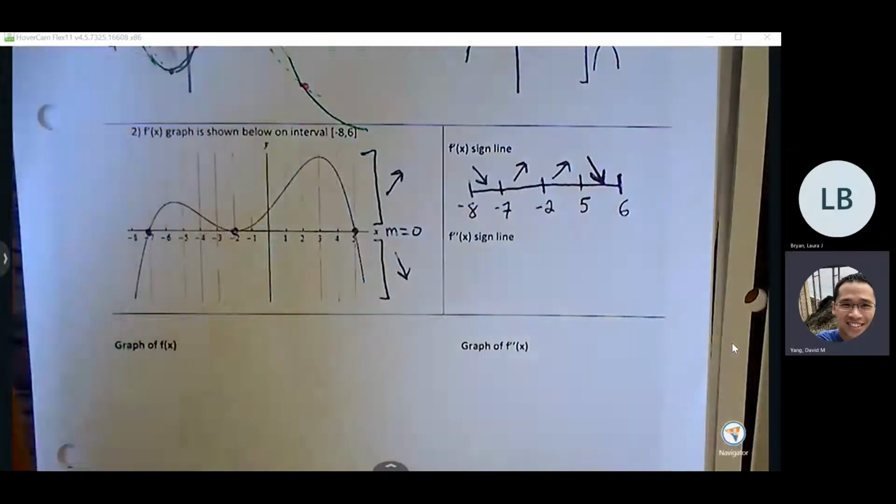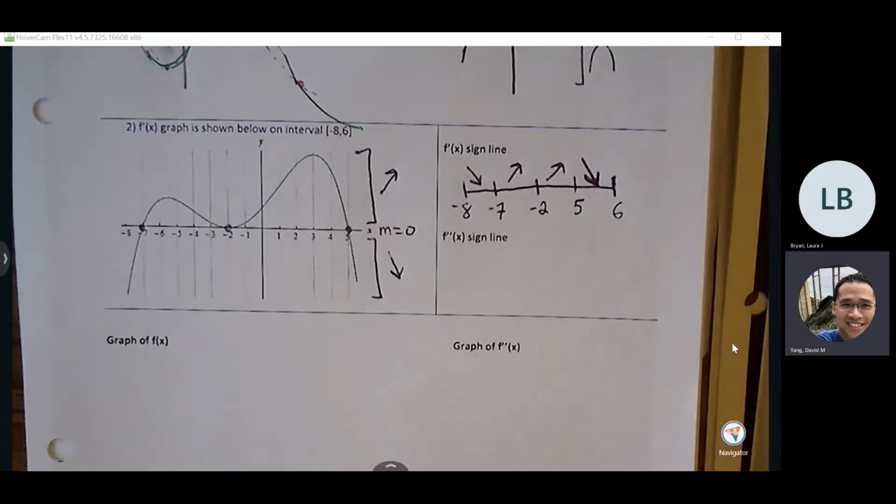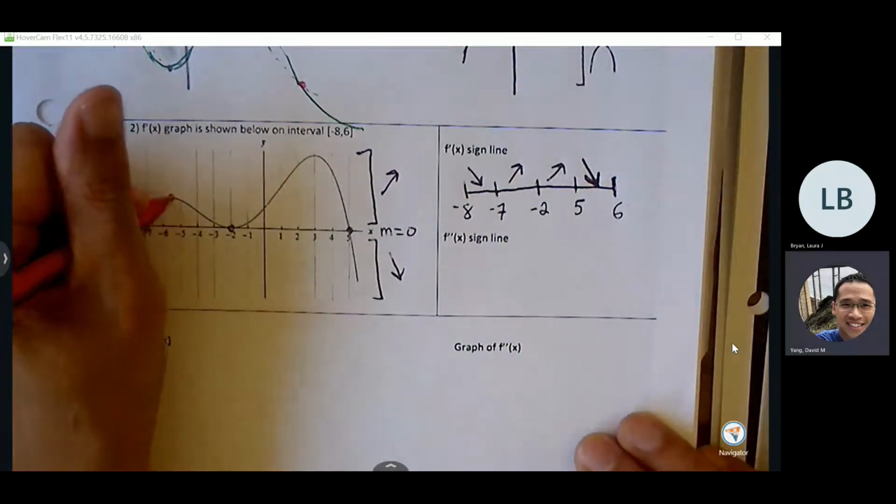Okay, Nuria, let me know. How does that look to you? Is that what you got? Okay, good. Second derivative sign line. Take off your peaks and valleys.